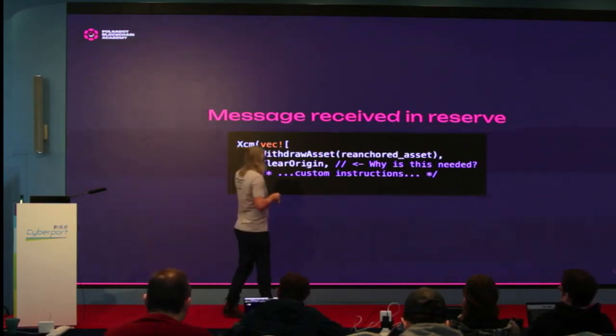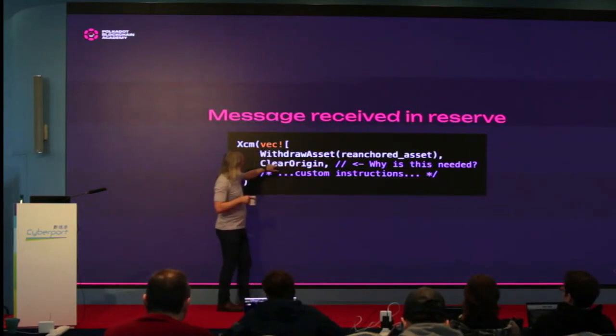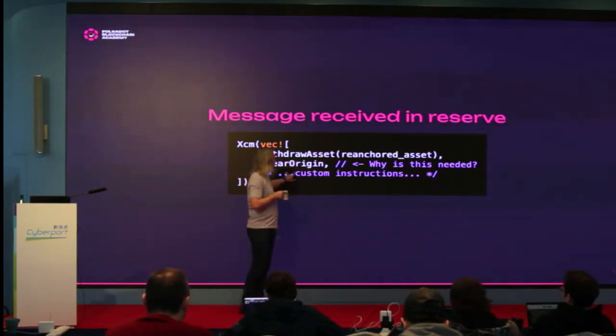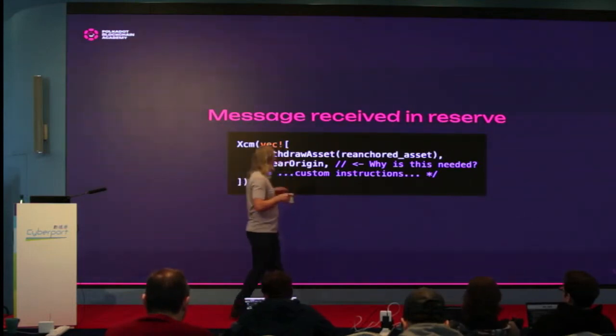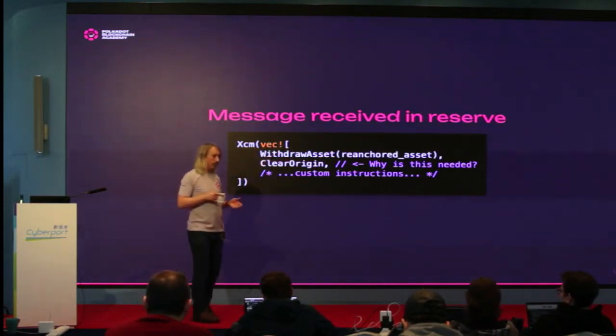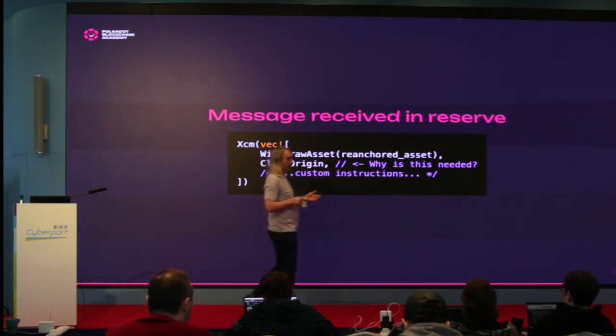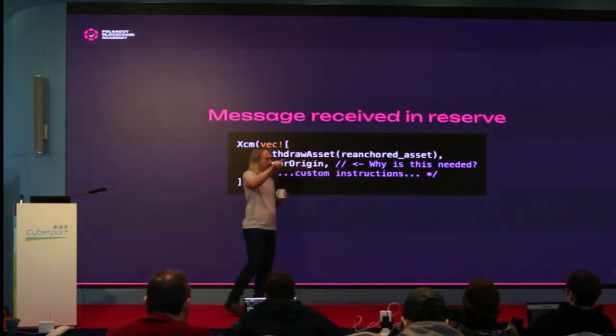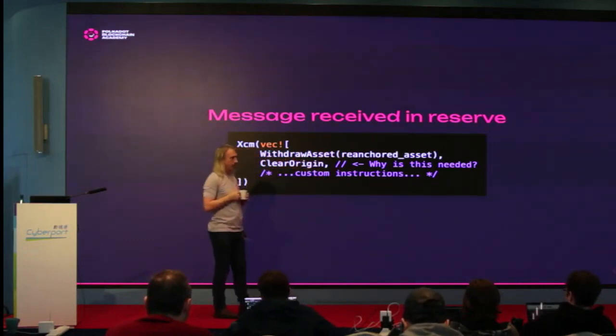Sure. So you clear the origin, but the user can set these instructions to be whatever they want. Now they can't set it to be like set origin, because obviously that would allow origin spoofing. But if they're working with the asset specifically, if they want to deposit the asset somewhere, then they can set what the beneficiary is. And this is how they let them know it's this account ID to credit for the asset, please. Yeah, what if, in the destination chain, we also want to get the origin account ID?